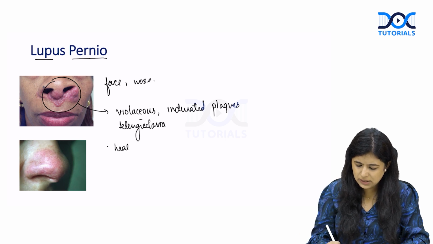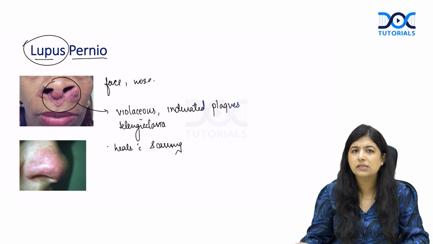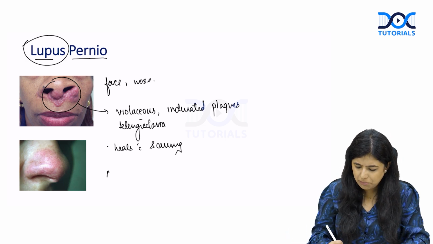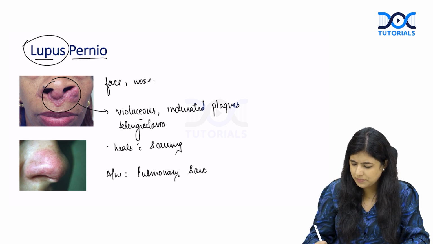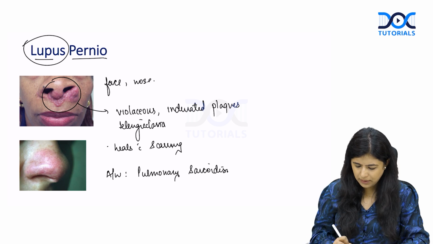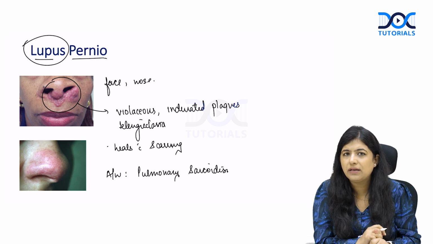This heals with scarring. The term lupus means scarring, and this heals with scarring. It may be associated with pulmonary sarcoidosis. With this, we finish our module on skin and systems.